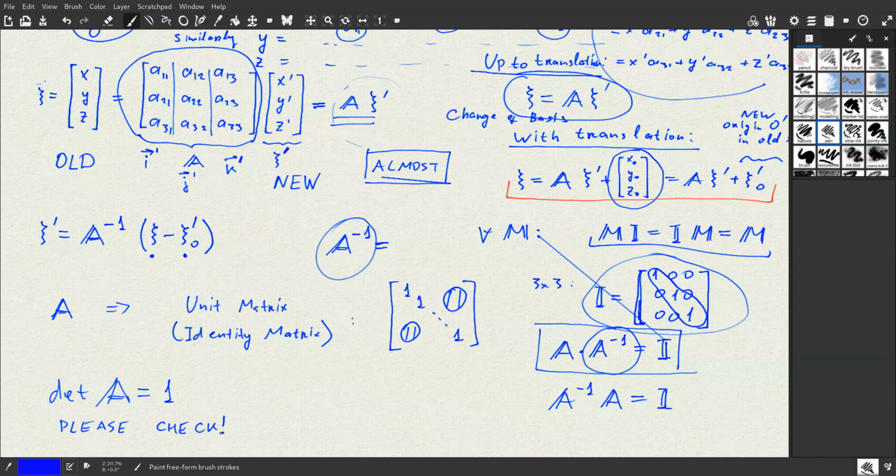Once again, coming from a two-dimensional to a three-dimensional case, if we say that matrix A is orthogonal and normalized, so all rows and columns are orthogonal to each other, the sum of squares of each row and column is 1. Does it necessarily mean that the determinant of A is 1? Please recall the 2x2 case.